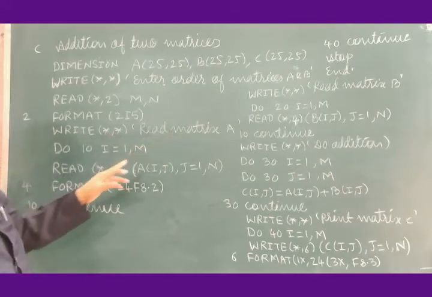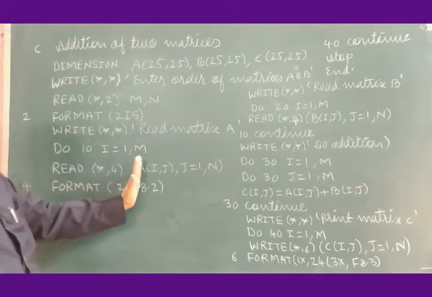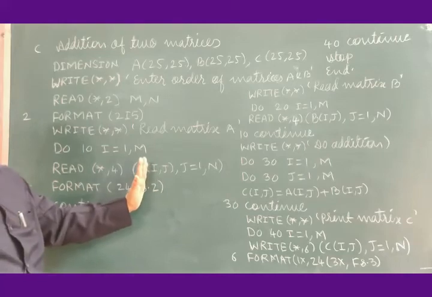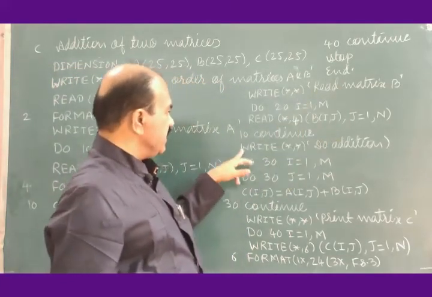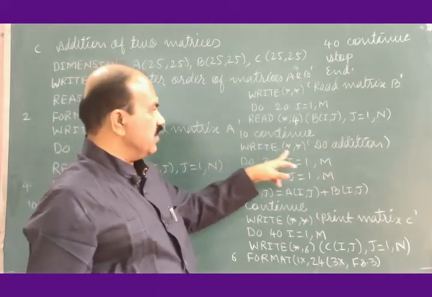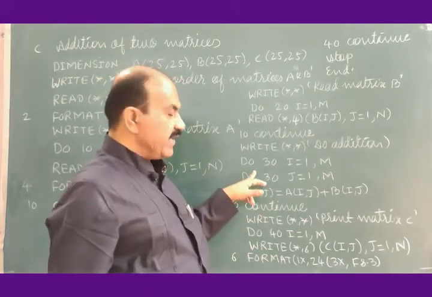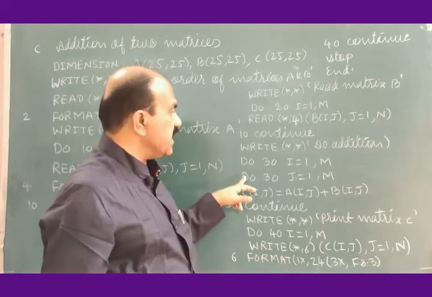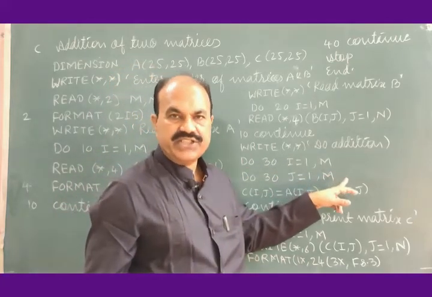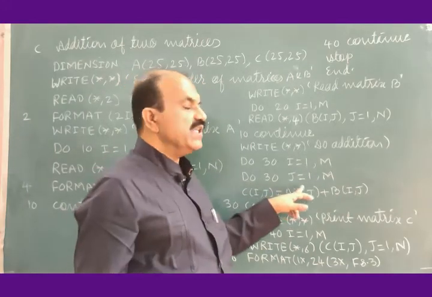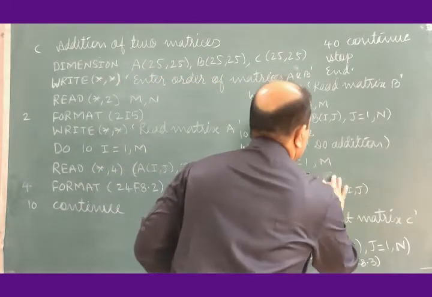Again a comment: matrix A is read here as I showed you in the last program. Here, matrix B is read. Again a comment: do addition. Nested do loops are used. This do loop takes care of the rows, this do loop takes care of the columns.